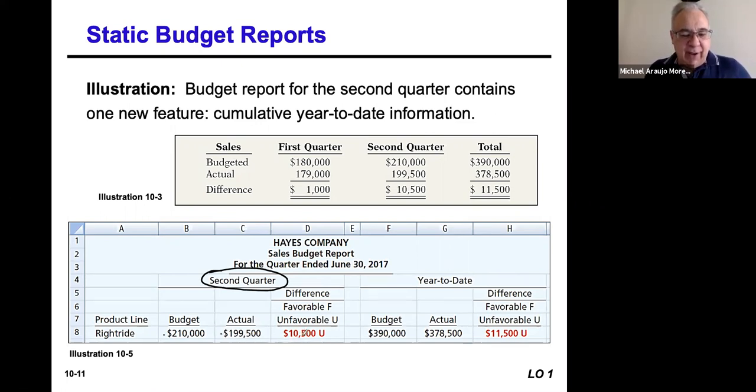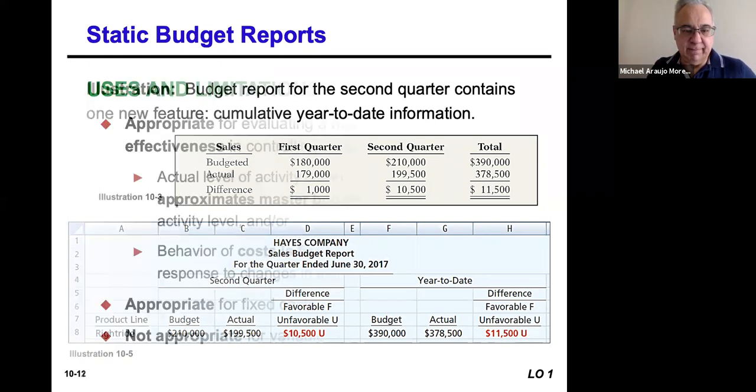Well, $10,500 is an unfavorable difference because it's below our budget for sales. When you're below budget for sales, it's unfavorable. When you're above sales budget, it's favorable. So for the year to date, after the first 6 months, you are below your sales projection by $11,500, which is unfavorable. You're going to see the opposite with costs in a moment.